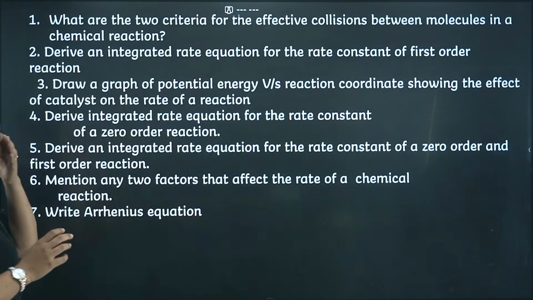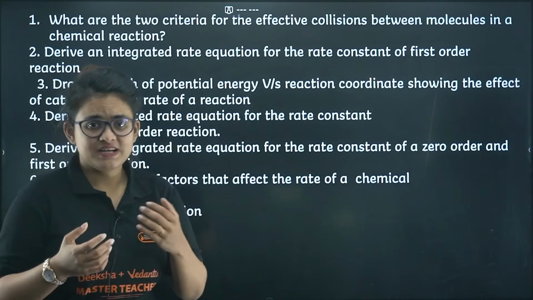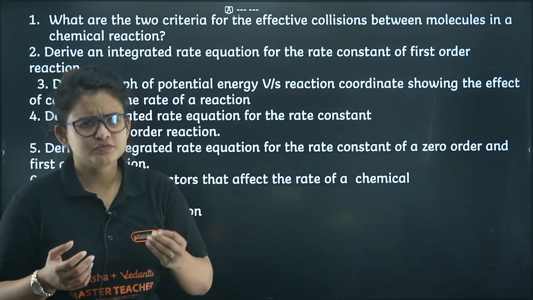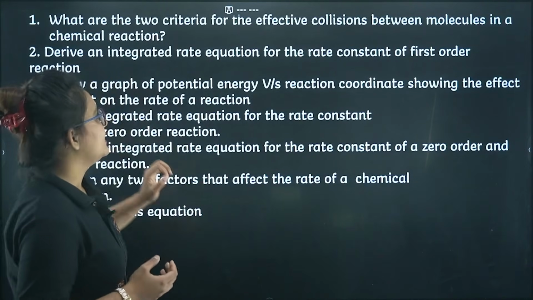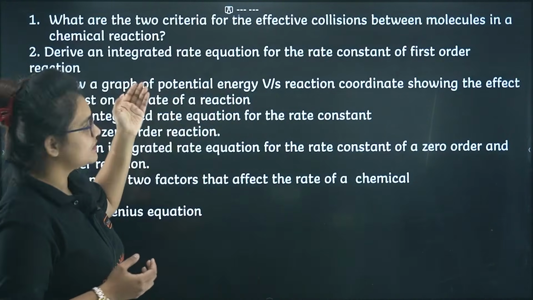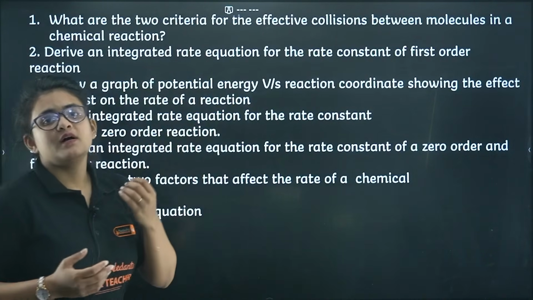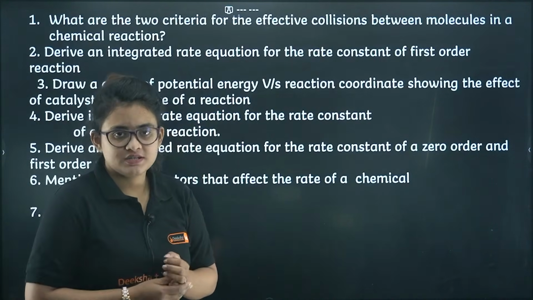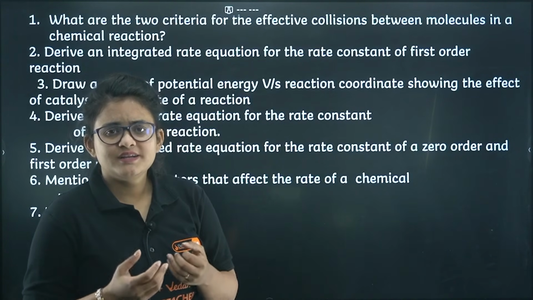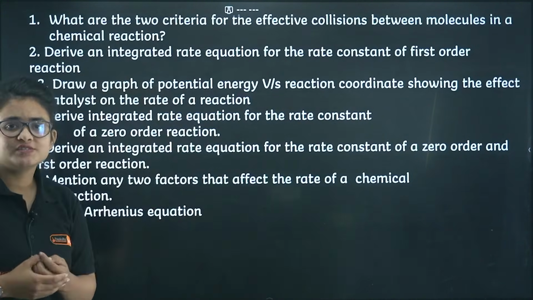And here comes the factors on which the rate actually depends. These 2 or 3 factors you remember, and here comes effective collision between molecules. There are 2 or 3 criteria that you have to remember. Then an activation energy related question, the difference between order and molecularity, and some questions related to the unit of rate constants.